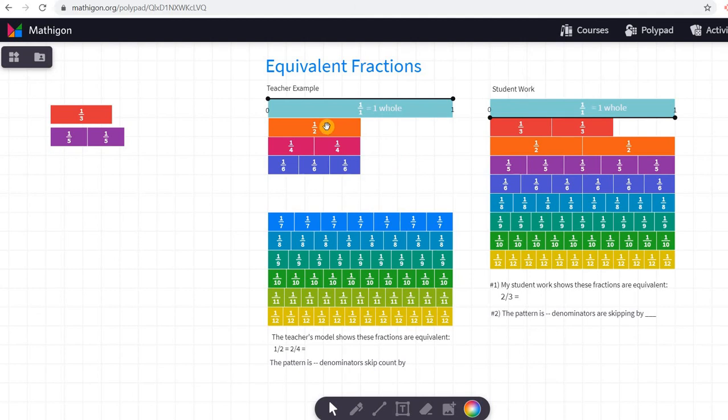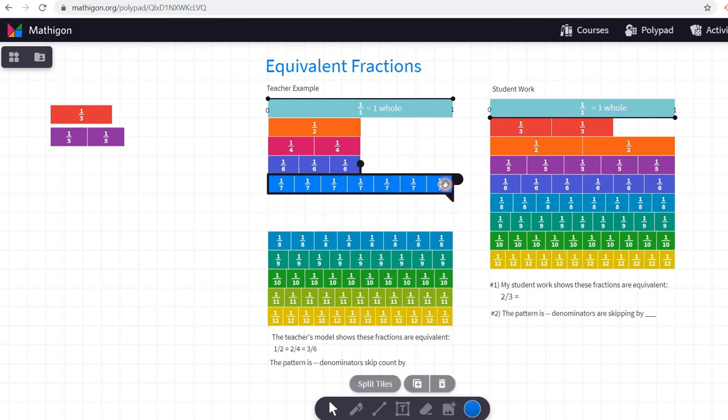So now I can say that 1/2, 2/4, and 3/6 are all equivalent fractions. They take up the same amount of space. So I come down here and I'm going to include the next equivalent fraction, 3/6.